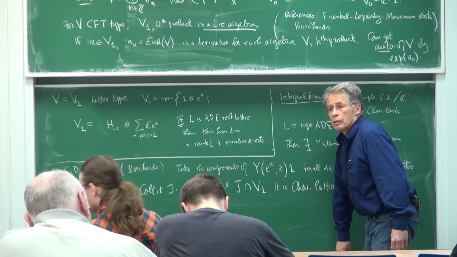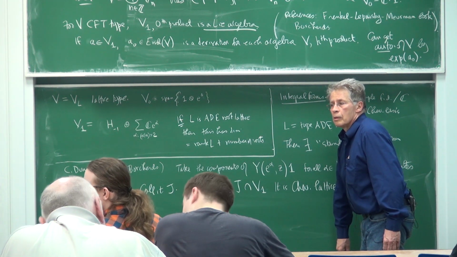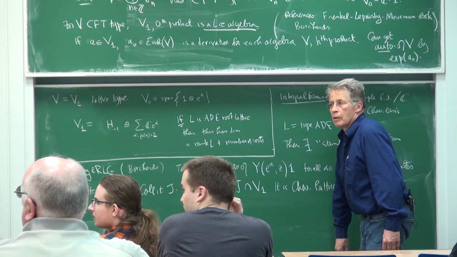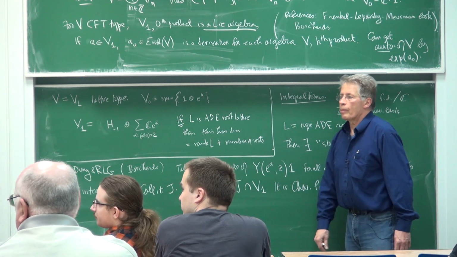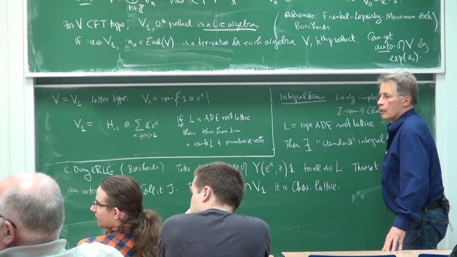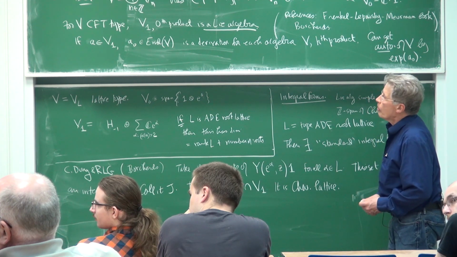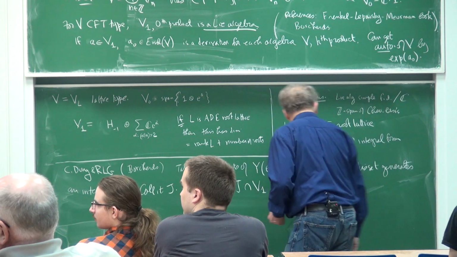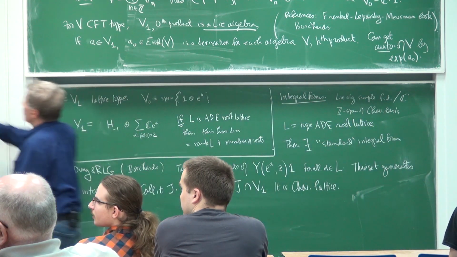The toral part, the Chevalley basis is not totally canonical. Some construct a Chevalley basis for simply connected groups, some construct it for the adjoint group. The Chevalley system, the E alphas, is canonical.